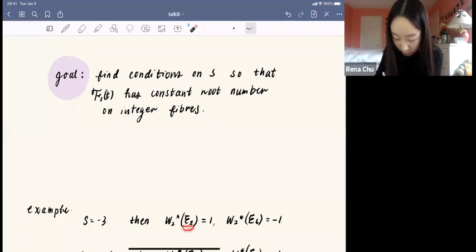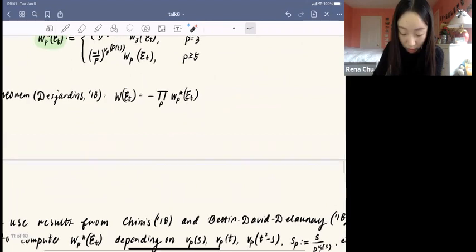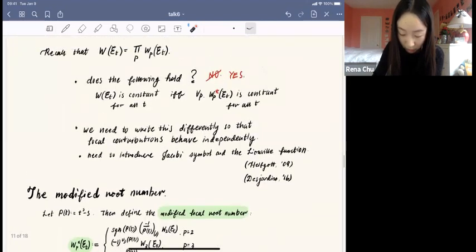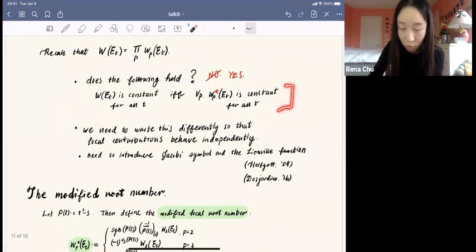So if we take t equals 2 and we take t equals 6, then one can compute that the modified local root number at p equals 2 is 1 for t equals 2 and it is -1 for t equals 6. So what does that mean? Well, from what we concluded above, from the local-global principle, if it's not constant for p equals 2, then it's not constant for the global root number either.